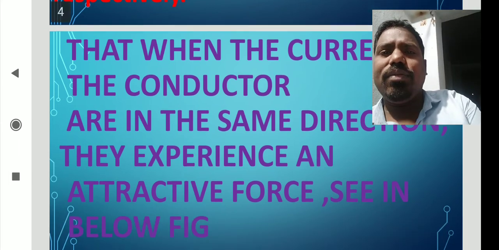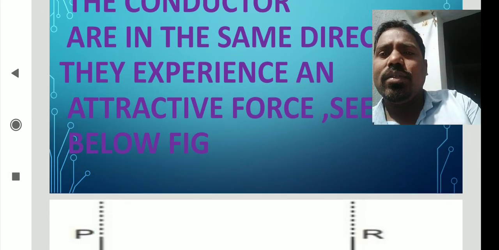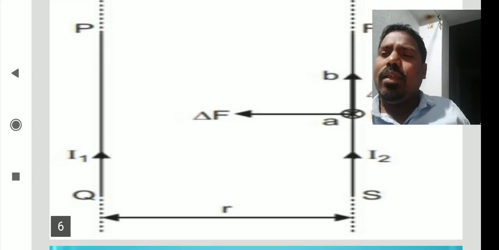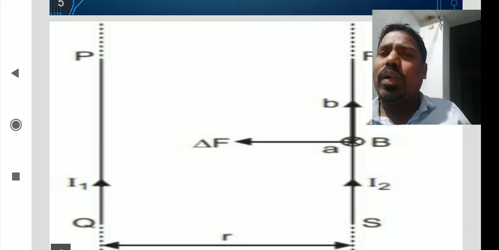You can see this in the figure. The left one is the PQ conductor and the right one is the RS conductor.